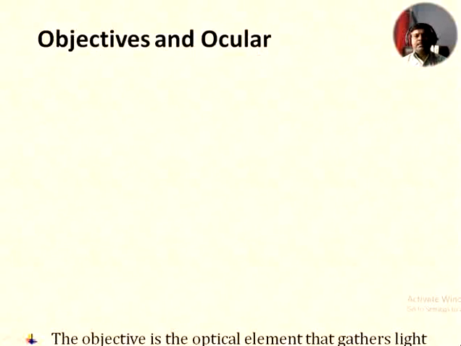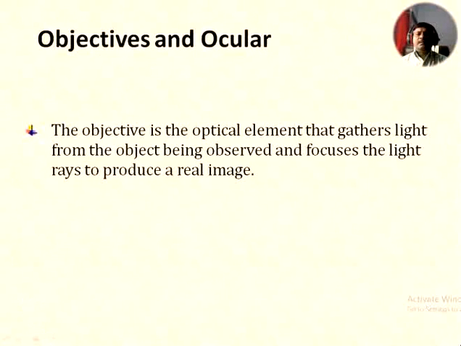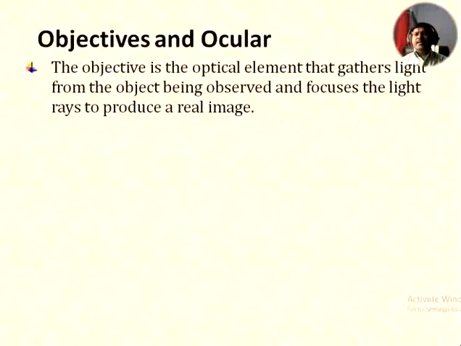Okay, now objectives. The objective is the optical element that gathers light from the object being observed and focuses the light rays to produce a real image.